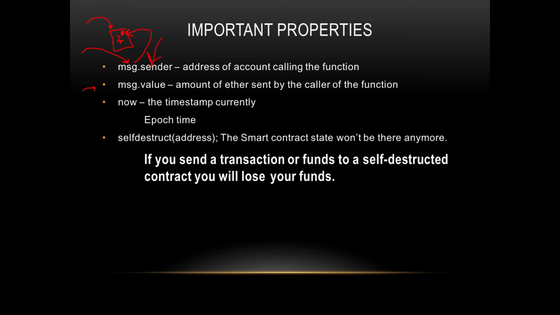And just remember that for any function to receive money, you need to use a keyword known as payable so that you can pay to this function. And message.value will give the amount that is given to this function. And remember, it always gives the amount in wei. And 1 ether is 10 power 18 wei.